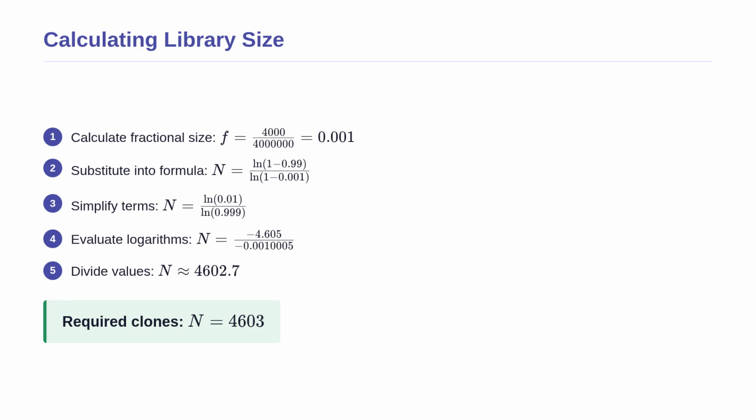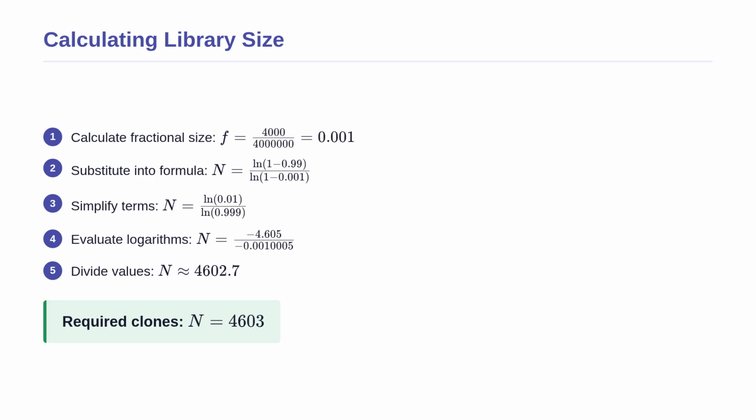Let us apply the Clarke-Carbon formula to a realistic library construction problem. Imagine we have a newly discovered animal with a total genome size of 4 million base pairs. Our standard cloning vector can only hold an insert of 4,000 base pairs. We want to be 99% confident that every gene is present.